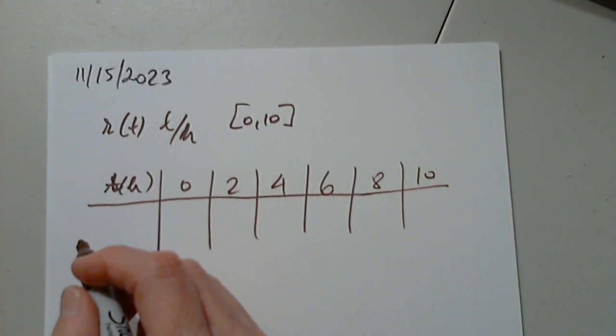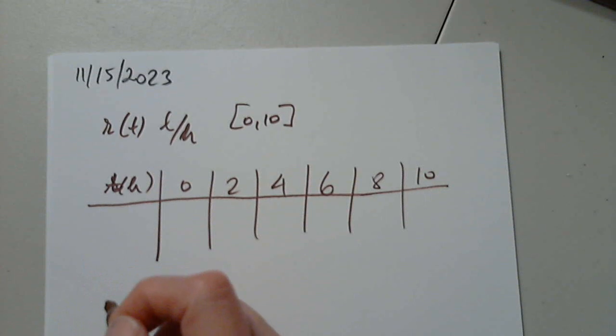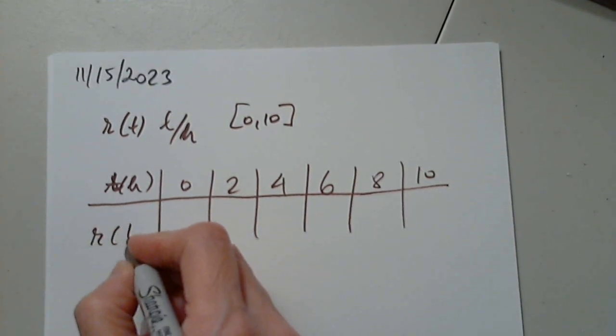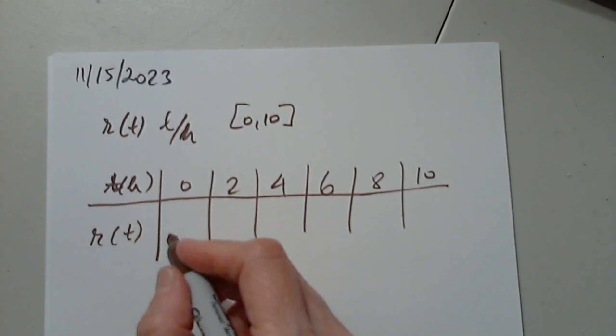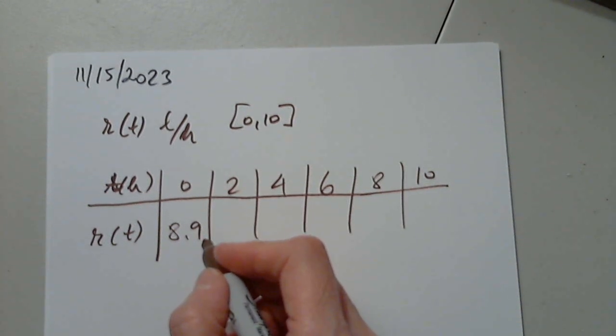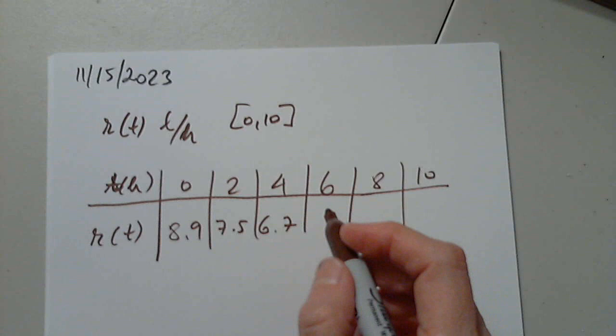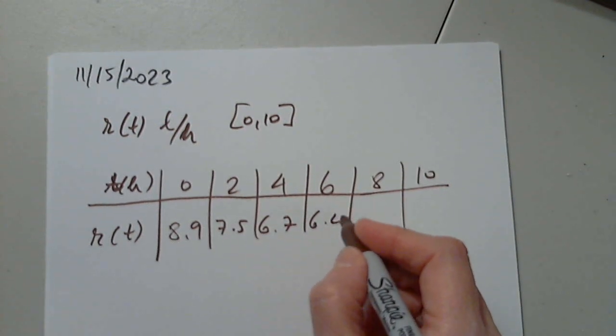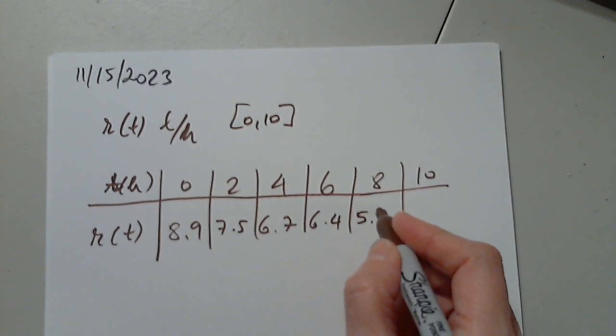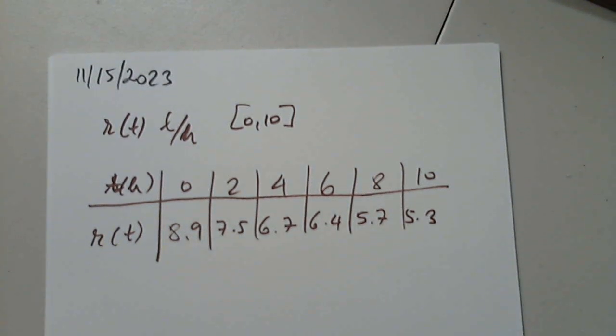And the numbers, I wasn't able to read them, so sorry. 8.9, 7.5, 6.7, 6.4, 5.7, and 5.3. Find the upper and the lower. Okay. Perfect. So you can stop sharing now.